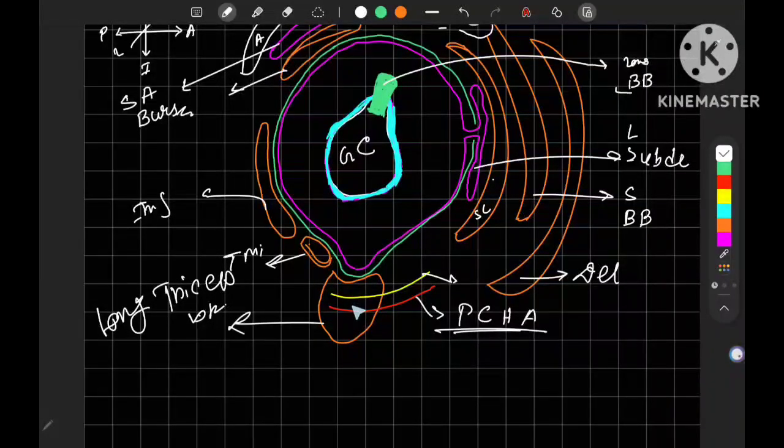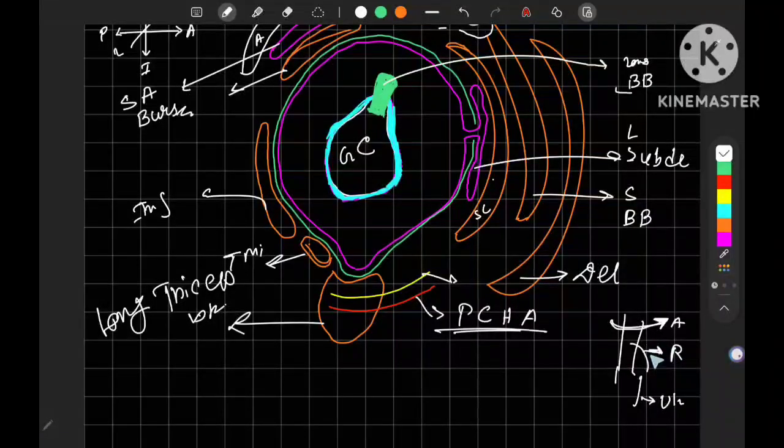So which nerve is going to cross the humerus? There is one nerve, and this is the one nerve. The uppermost nerve is the axillary nerve. This is the radial nerve, this is the ulnar nerve.